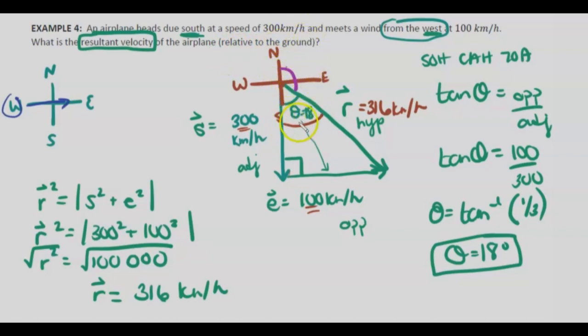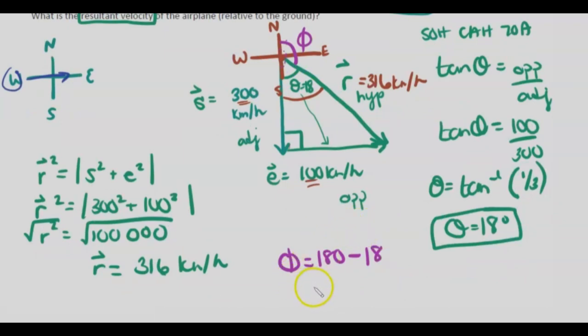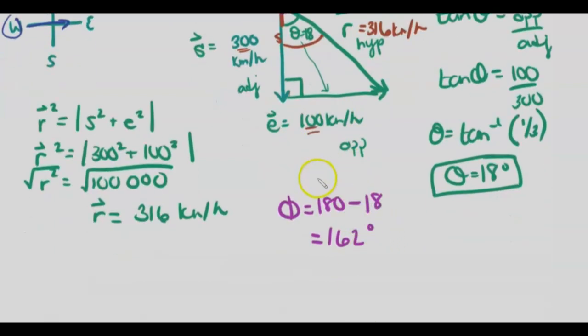If this in here is 18 degrees, let's call this angle phi. So this here would be 180 degrees, but we're not going to take into account the 18 degrees. So it's 180 minus 18, and we get 162 degrees. And that's a bearing.